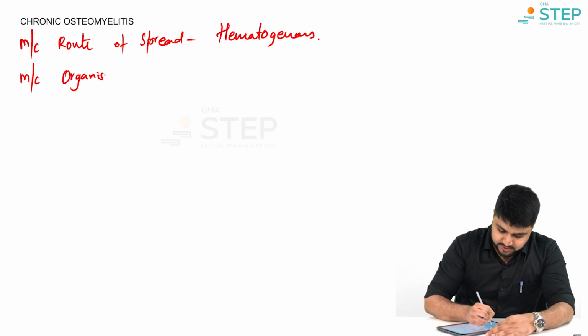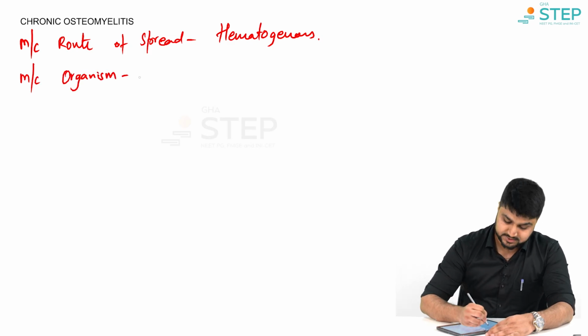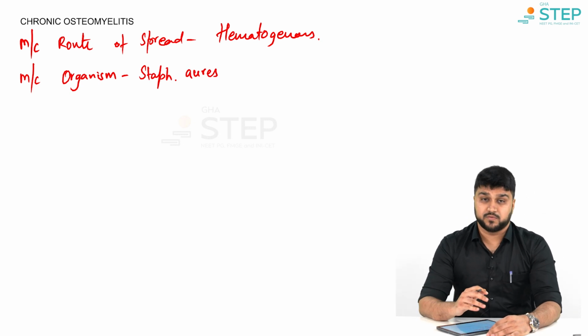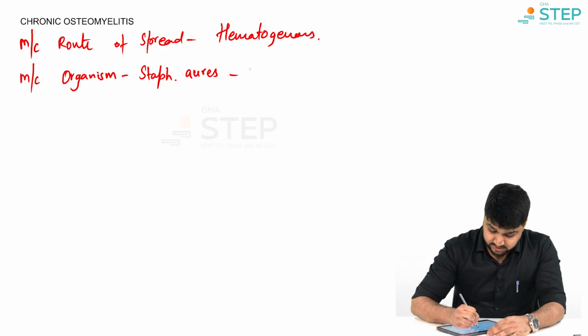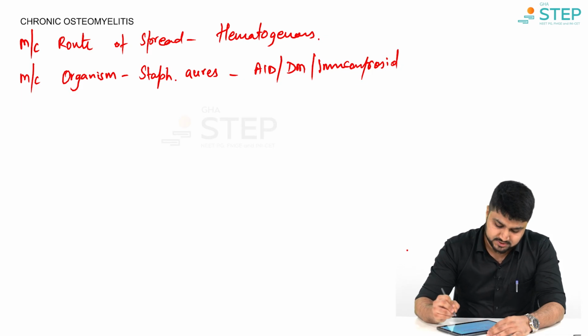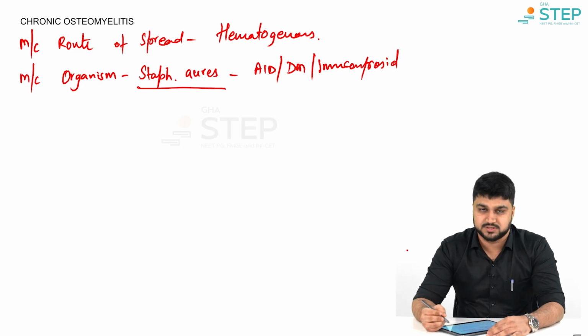So the most common organism that is implicated in osteomyelitis is Staphylococcus aureus. And this holds true no matter what the condition of the patient is, even in AIDS, diabetic patients, or any immunocompromised states. The most commonly implicated organism is Staphylococcus aureus.